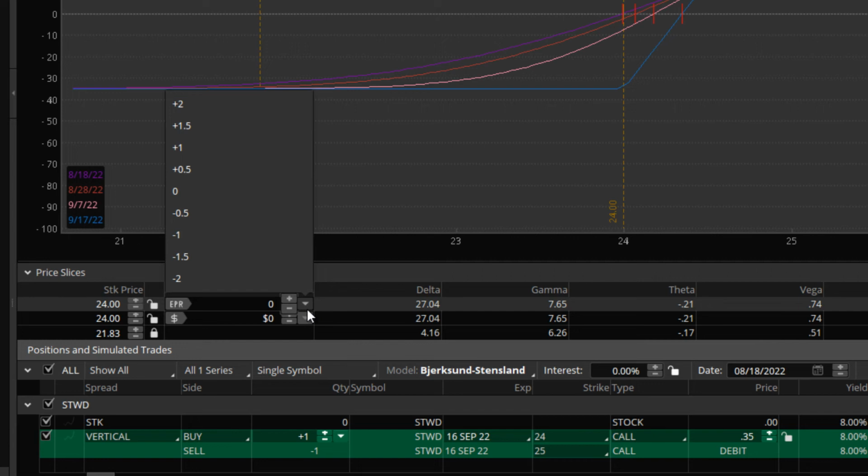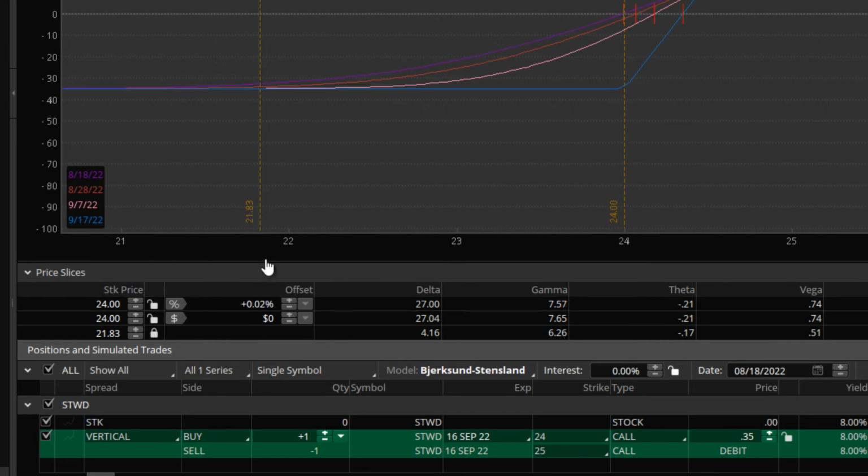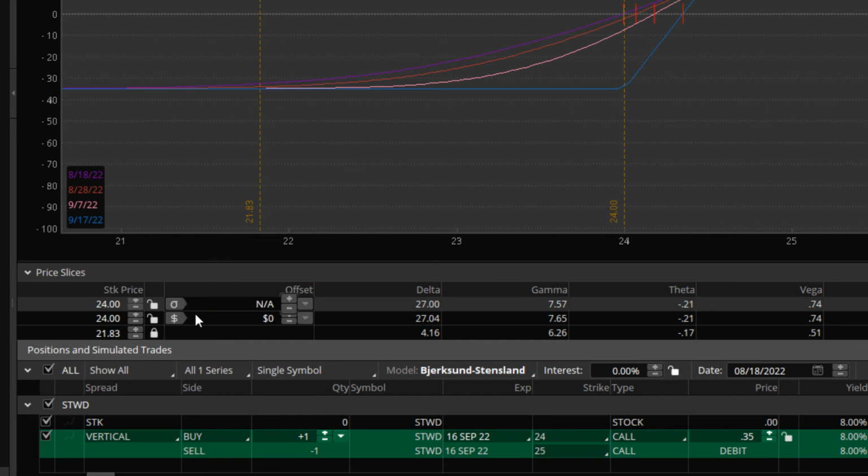So 1% becomes 25%, 1.5 is 38.5%, and so on and so forth. That's a rough estimate, but you could probably get online and get the exact breakdown of it. And then good old percentage. So however you want to see it.